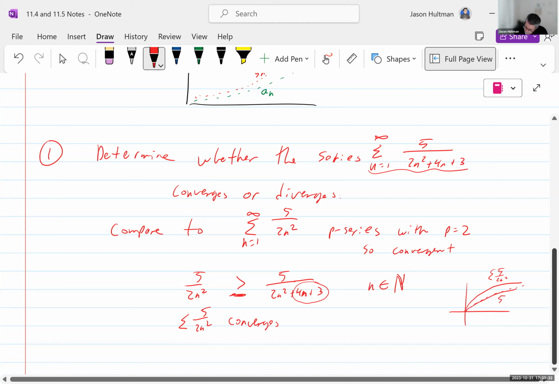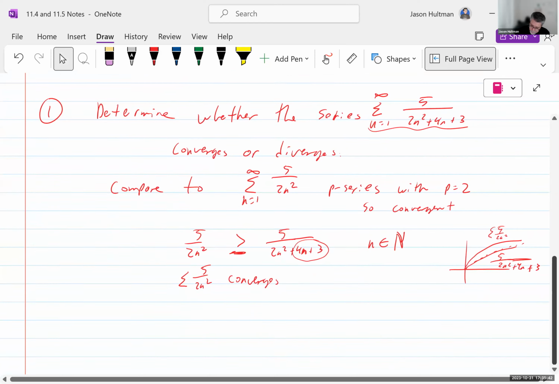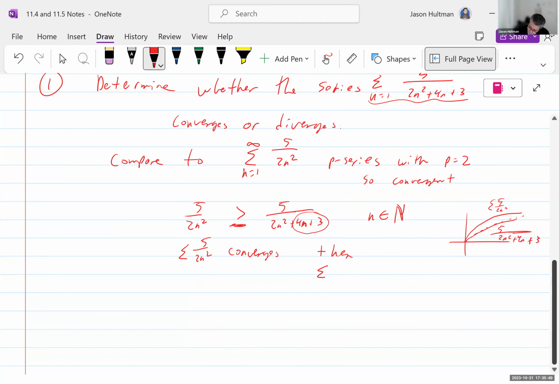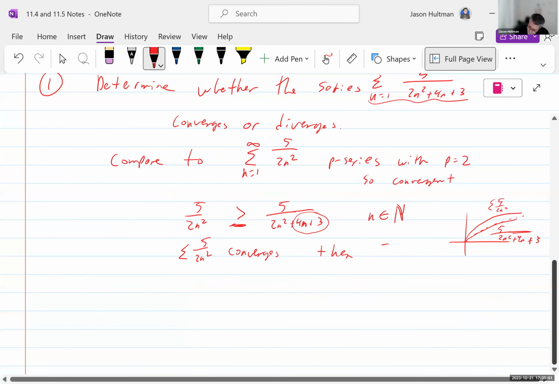Okay, 5 over 2n squared plus 4n plus 3, that's also going to converge. Okay, if this converges, then this guy will converge. I'll write on the same line: 5 over 2n squared plus 4n plus 3 also converges. Okay, by the comparison test.